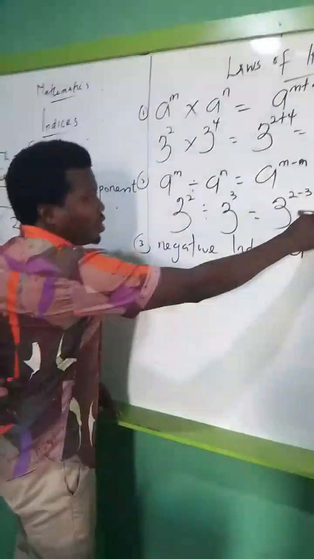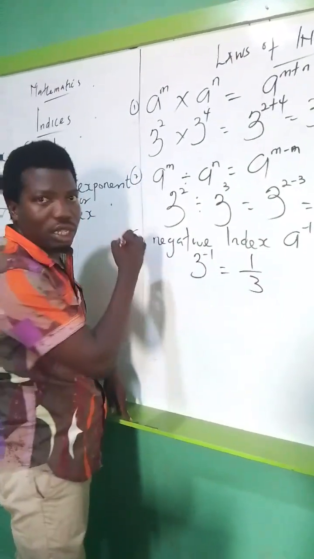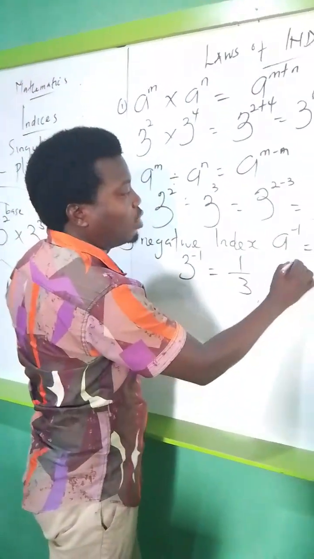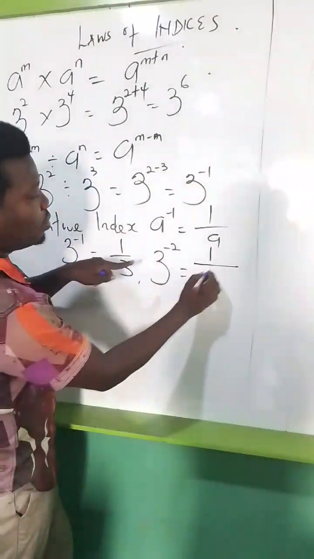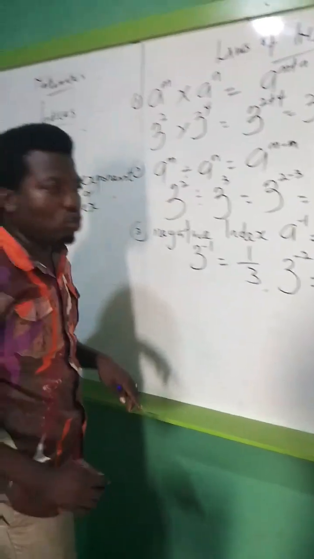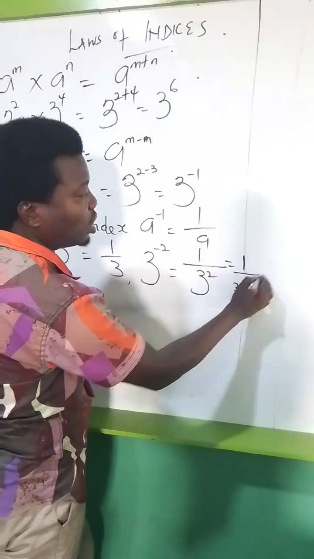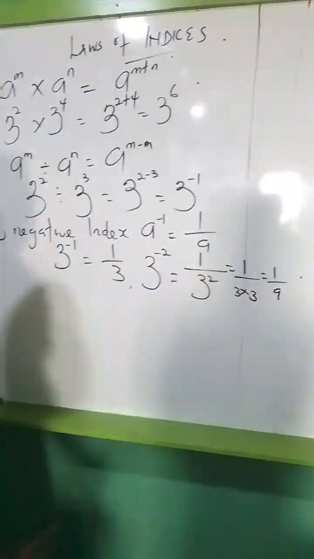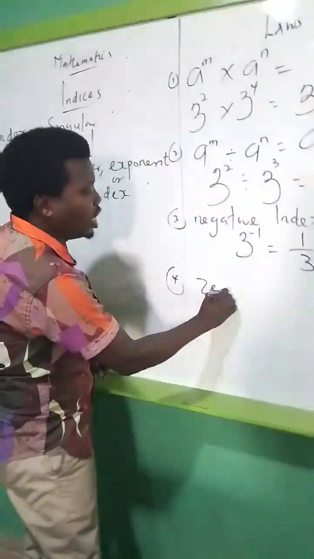Let's take for example, this answer we got here, 3 raised to the power minus 1, that will give us 1 over 3. If I have 3 raised to the power minus 2, that will give us 1 over 3 raised to the power 2. If you have to simplify further, you can have 1 over 3 times 3, which will give us 1 over 9.